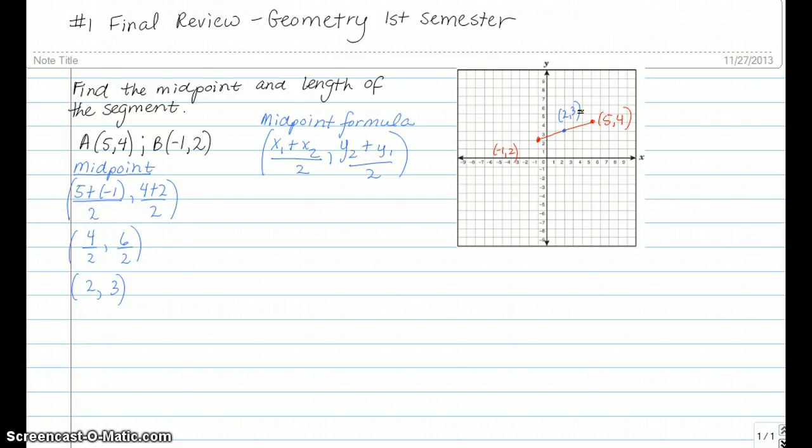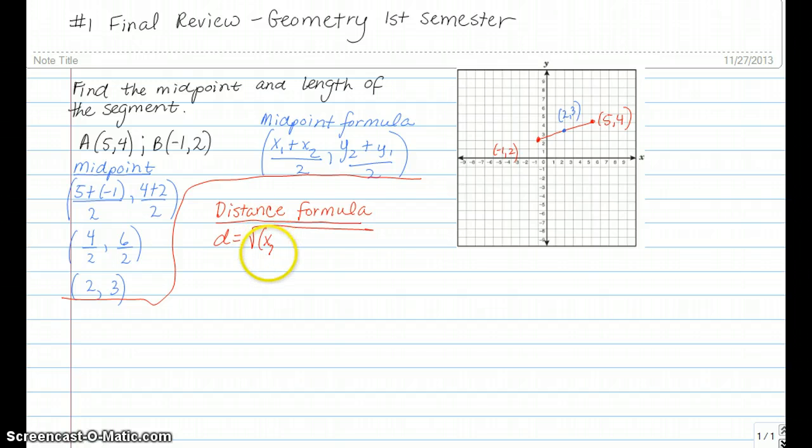Now, we're next going to look at the distance formula. Let's use a different color for distance. So the distance formula is going to be d equals the square root of x sub 2 minus x sub 1, because you're finding the distance between the x coordinates, squared, plus the distance between the y coordinates, y sub 2 minus y sub 1 squared.